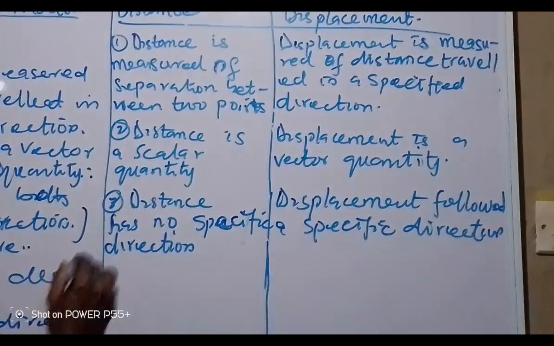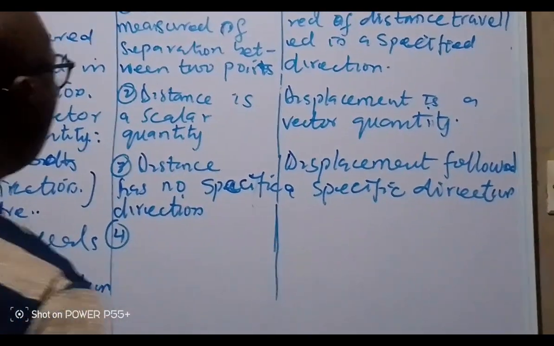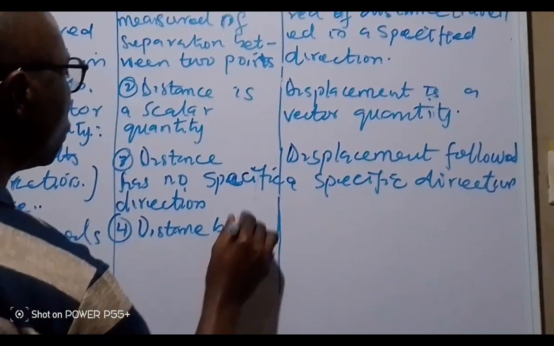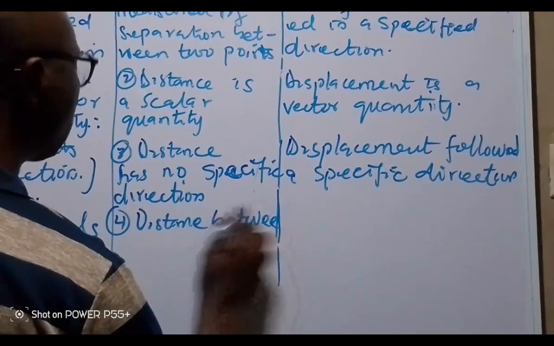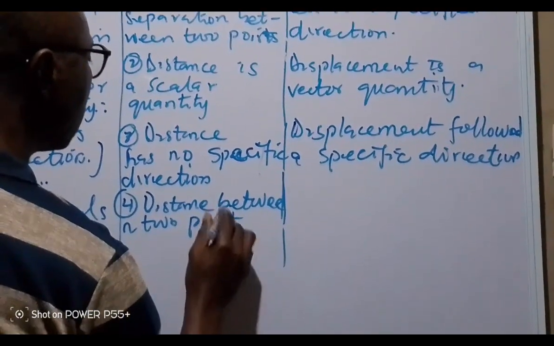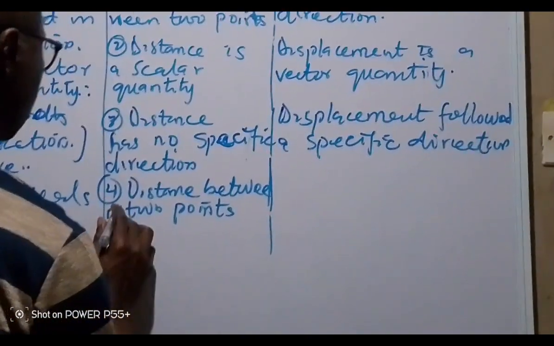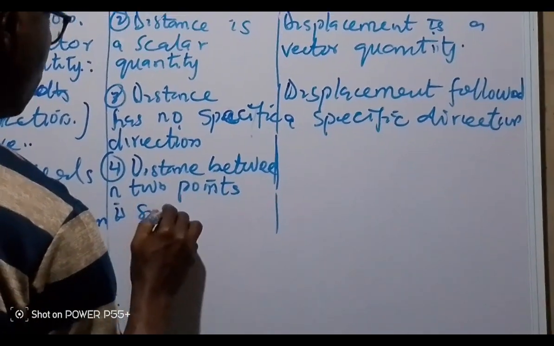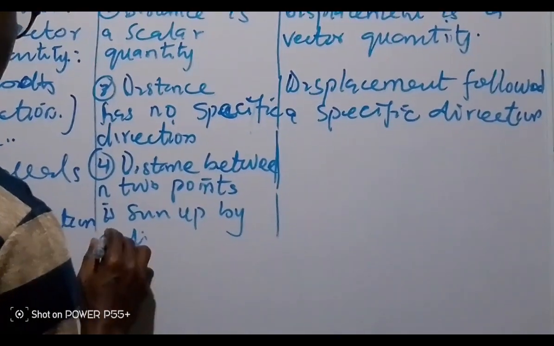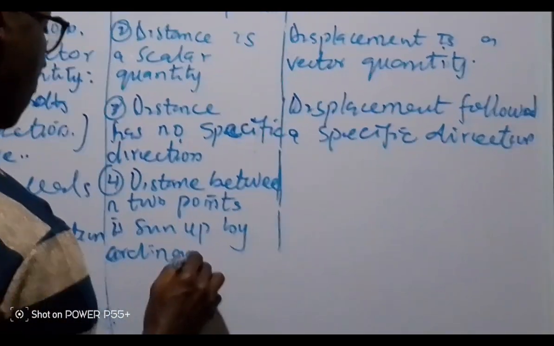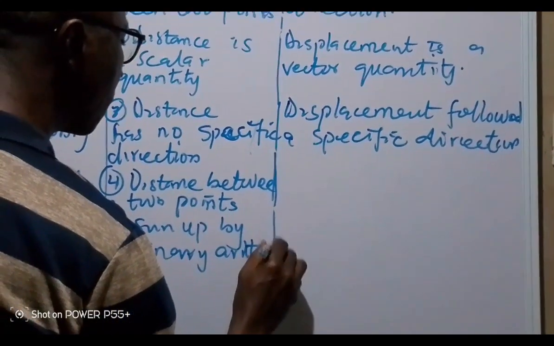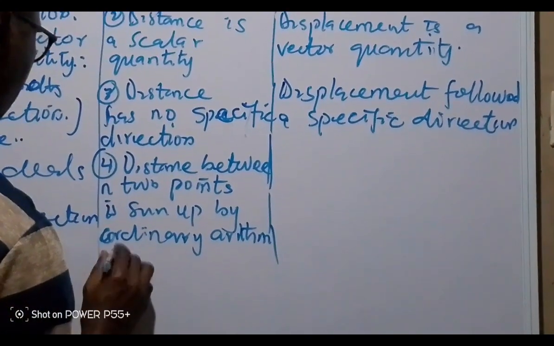Number 4 difference. Distance between two points is summed up by ordinary arithmetic method.